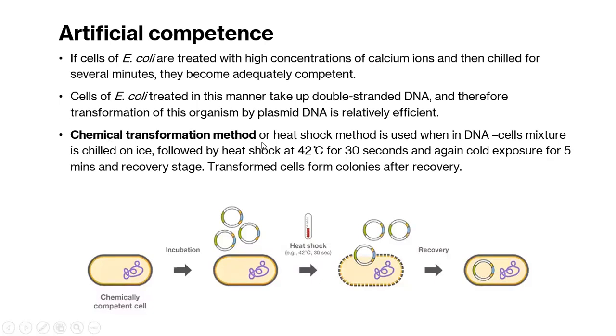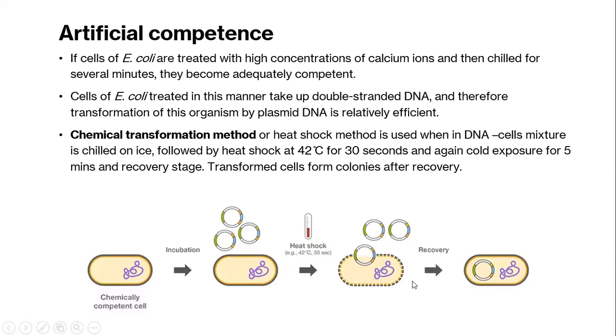In chemical transformation method, the chemically competent cells are first mixed and incubated with the foreign DNA molecule, and then they are given a heat shock at about 42 degrees Celsius for 30 seconds. The cells are then transferred back into ice so that they can recover.